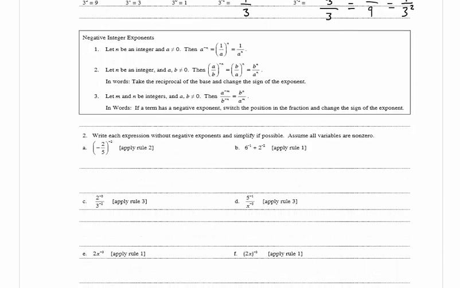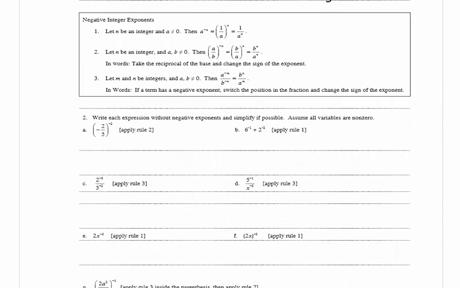In 2, it says, write each expression without negative exponents and simplify if possible. Assume all variables are non-zero. In A, we have negative 2/5 to the negative 2, and it says to apply Rule 2. In Rule 2, it states that if we have a base raised to a negative exponent, and the base is a fraction, we can take the reciprocal of the fraction and write it with a positive exponent.